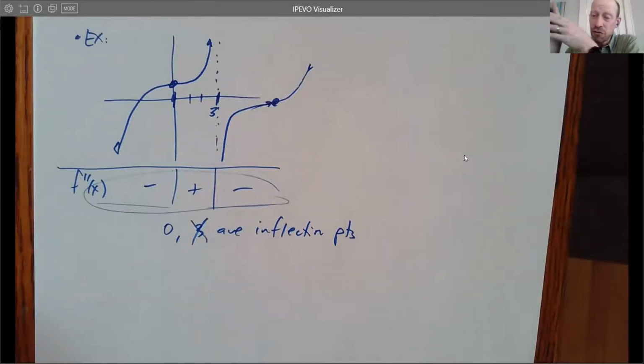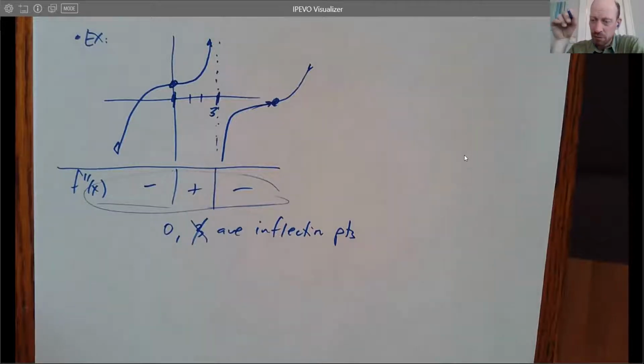And those critical values are relative maximums or minimums when the first derivative changes sign. So if the first derivative changes from positive to negative, that tells me my function is changing from increasing to decreasing, which is going to give me a maximum. That makes sense. Yep. So it's really doing what's called the first derivative test for the critical points.